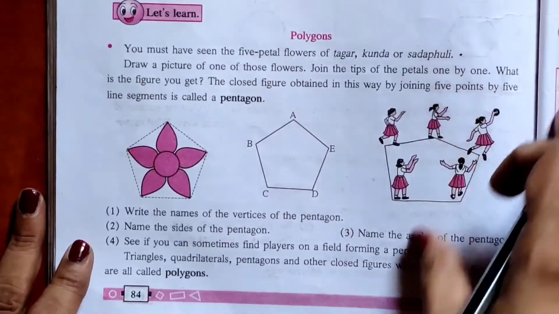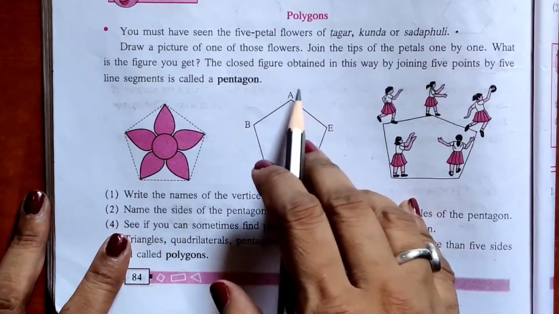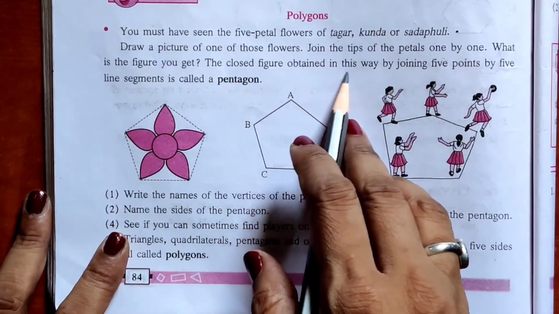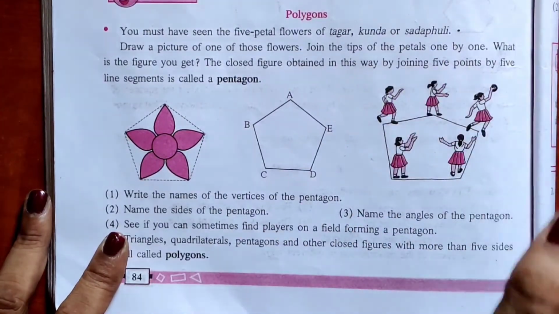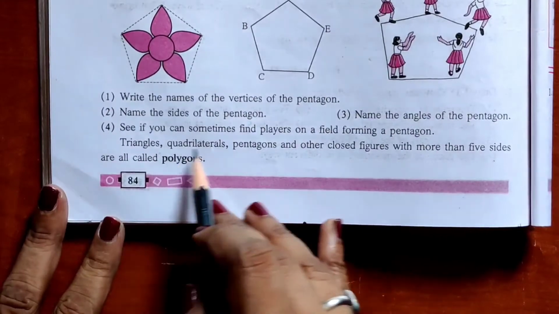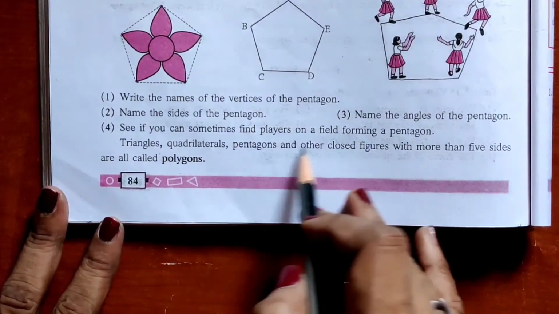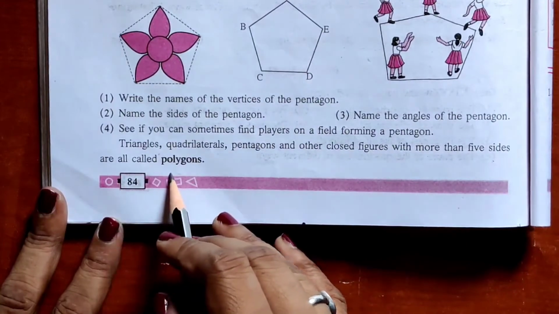Now next is polygon. Polygon means what? A closed figure obtained by joining many points together is known as a polygon. So triangles, quadrilaterals, pentagons and other closed figures with more than 5 sides are called polygons.